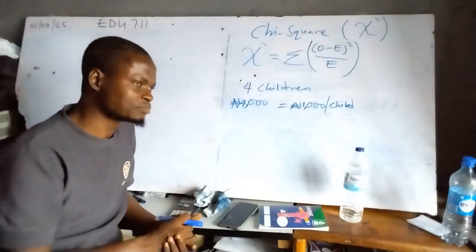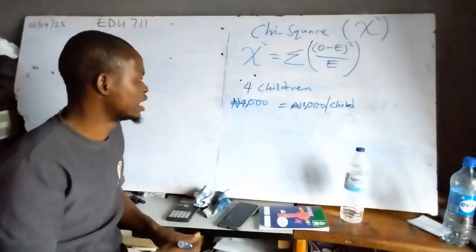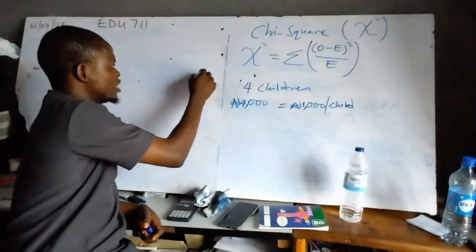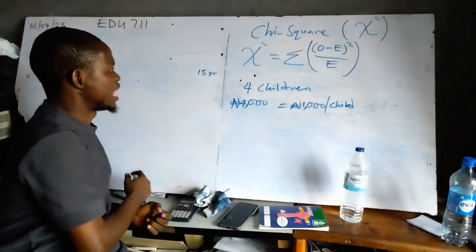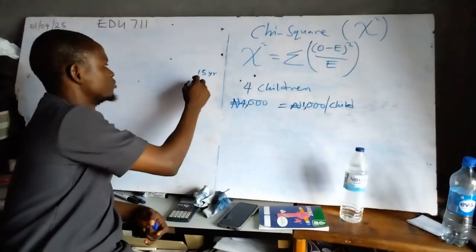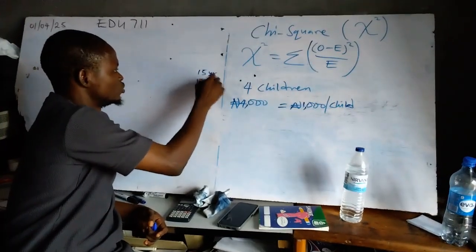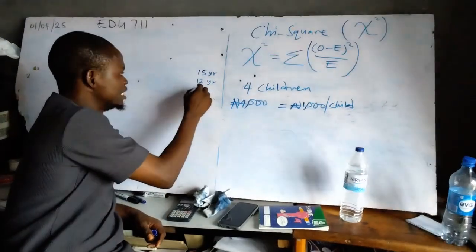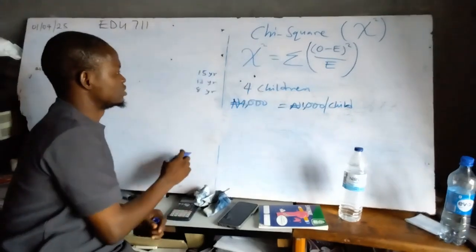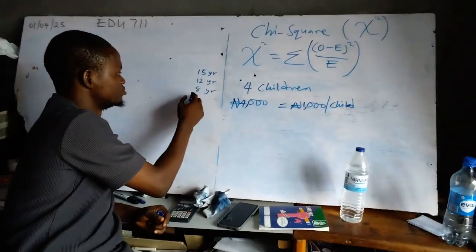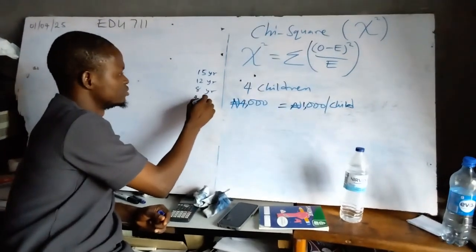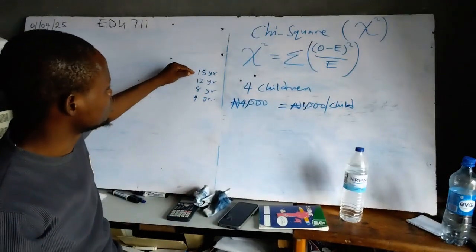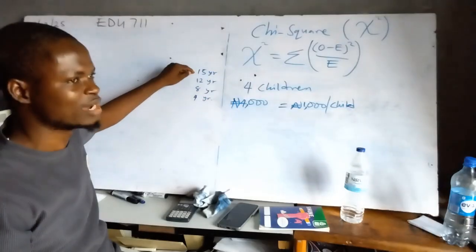But here you have your eldest child, maybe 15 years old, the next one is say 12 years old, the next one is maybe 8 years, and the last born is just say 4 years. So the eldest child starts doing the mathematics.